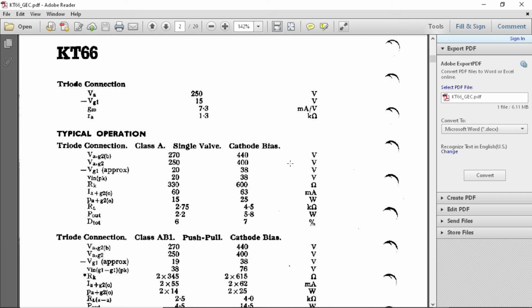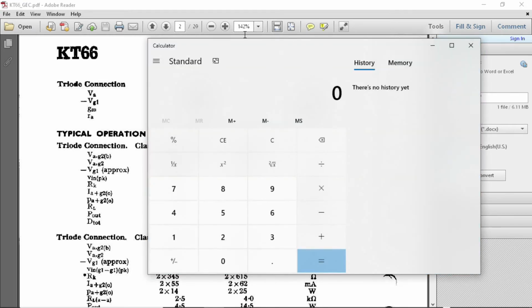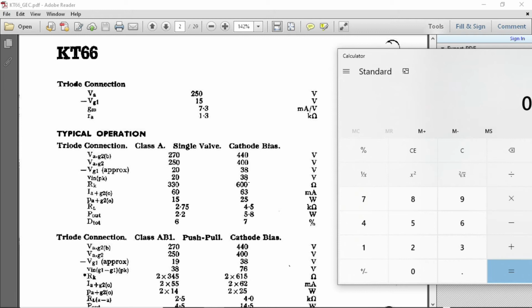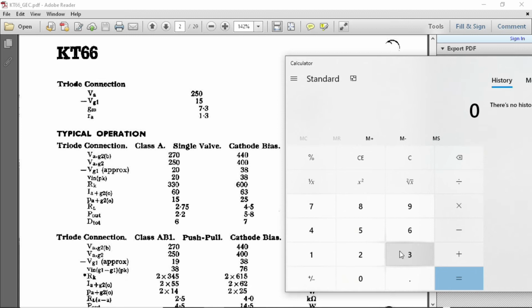If we just did really basic math to give us an estimate: if we're getting 25 watts out of one KT66 that has a 38 volt voltage swing when we only have 13, and we just divided that in half, 25 divided by 2, it'd be 12.5. 12.5 is still over 10 watts.